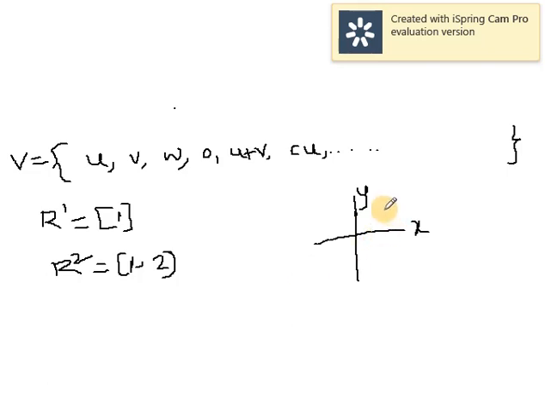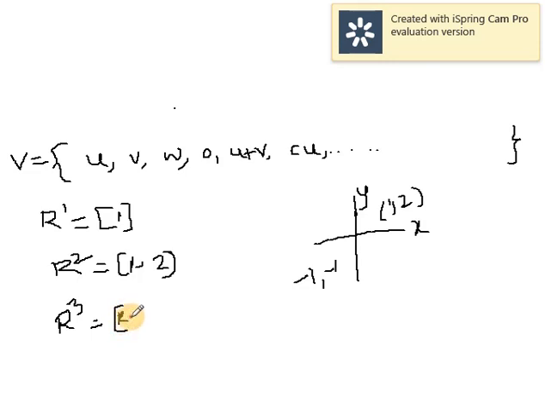A two-dimensional example can be our xy plane, wherein x and y can take any values. So let's draw a plane wherein x is the horizontal axis and y is the vertical axis, having four quadrants, and any point on these quadrants, whether in 1, 2, 3 or 4, belongs to R to the power 2, or we can say it belongs to R2.